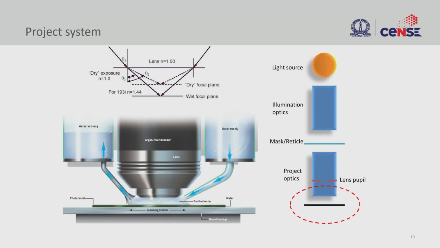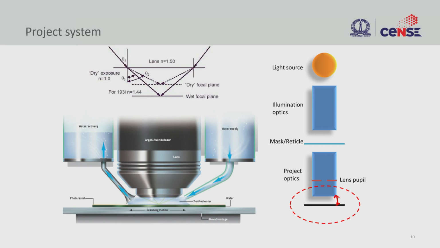So the next thing is about the projection system, the projection optics. What change can we make in this projection system in order to improve the resolution? On the right side, it's a familiar image. We have been looking at this for a while now. The gap between your projection system and the wafer makes a huge difference.